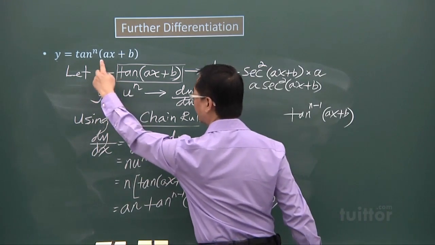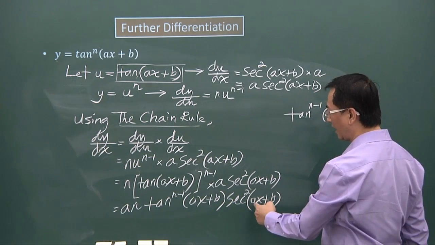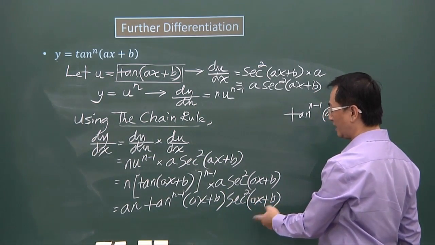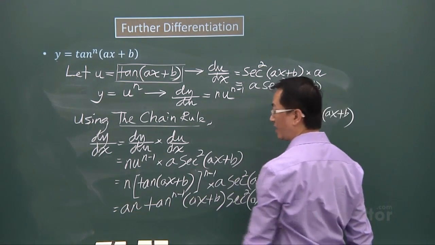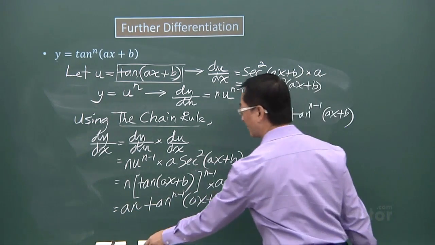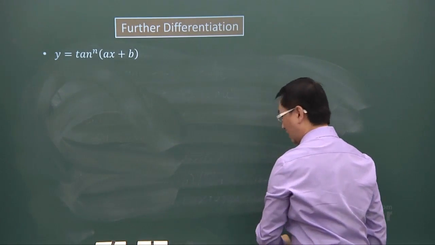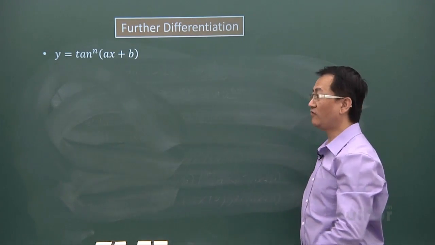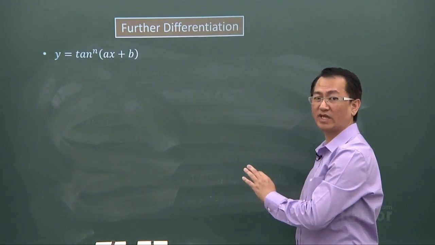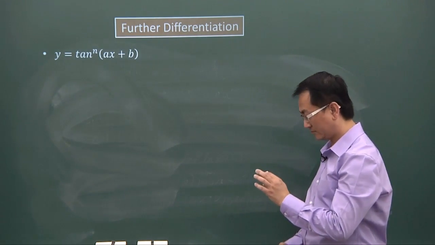Then you differentiate tangent, you get secant squared. The angle expression is the same. Then differentiate the angular expression, you get a right in front. You can see why I say it's very mechanical. If you go through the process with clarity of thought, you would not make mistakes.